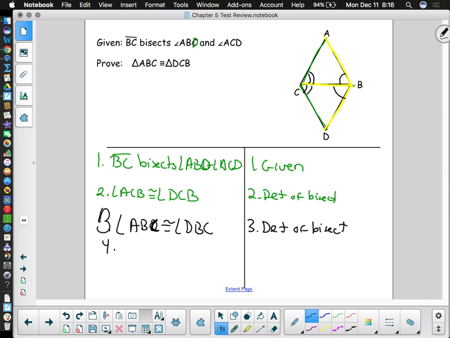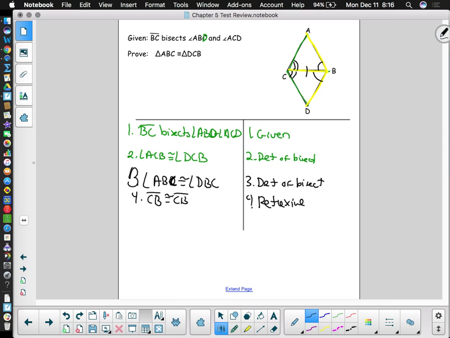Now we can go to CB congruent to CB, which is what? Reflexive. What shortcut are we using? No, CPCTC is not one of our shortcuts.